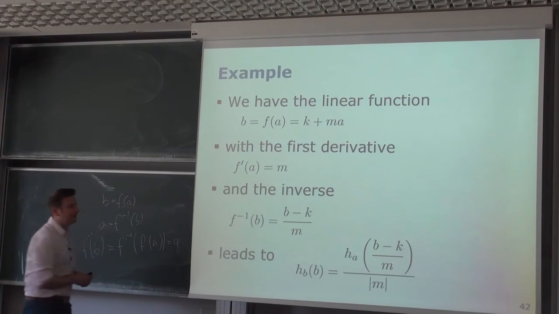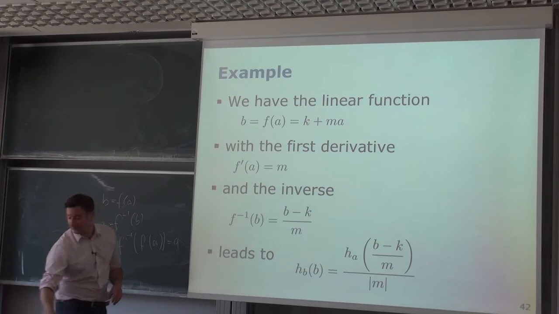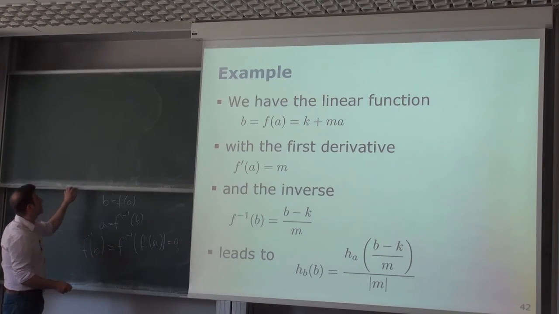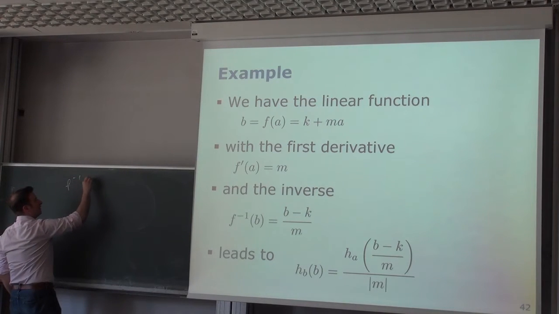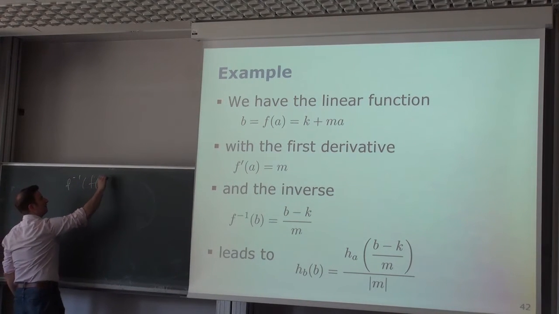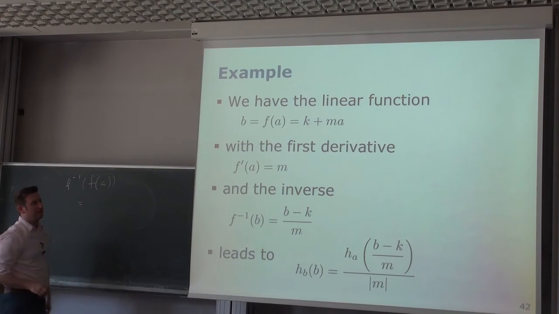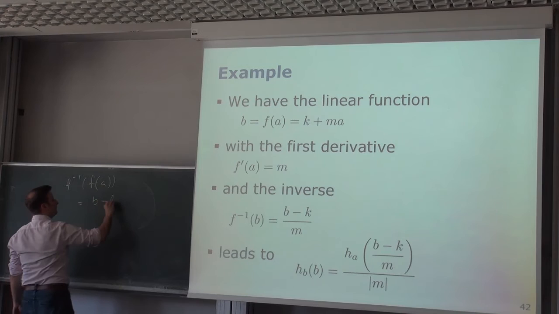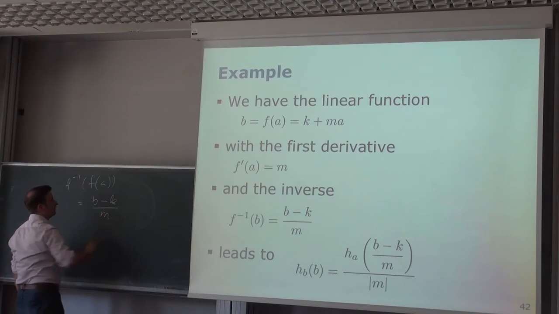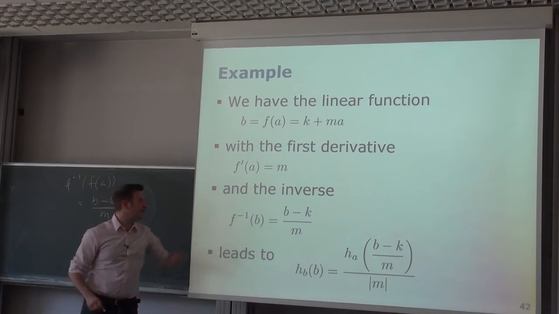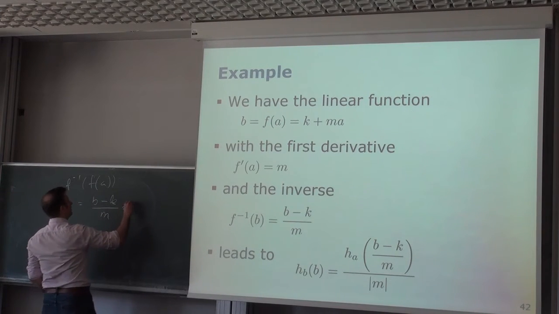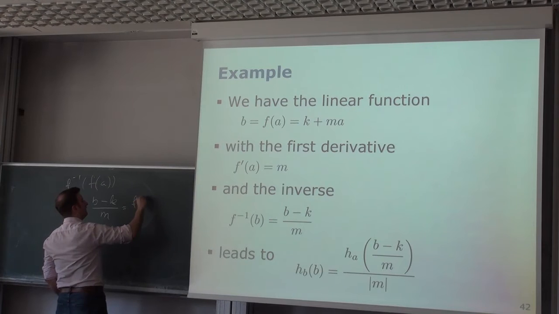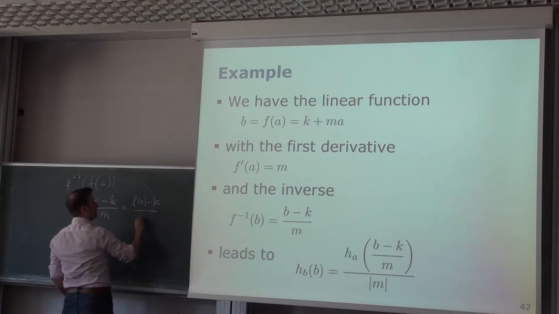You can just verify that by computing f to the power of minus 1 of f of a. What I have is b minus k divided by m. So this is my inverse function. And then b needs to be replaced by f of a. So this is f of a minus k divided by m.